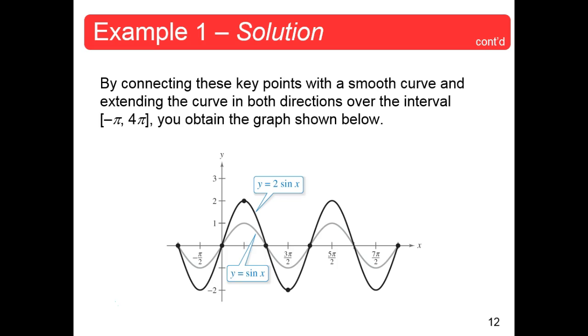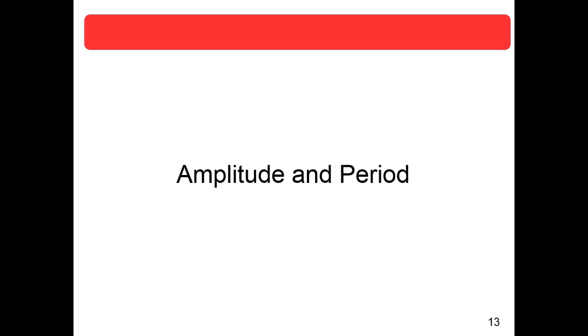And then when you double that, double 0 is 0, double 1 is 2, double 0 is 0, double minus 1 is minus 2. So every point you're doubling, because that's what you're doing up there. So here's one period here, another period there, and then half a period back here, just like that. Okay? So that's how it looks. Smooth, continuous function. Any questions? Maybe not as pretty as mine, but no, I'm just kidding. Okay. All right.